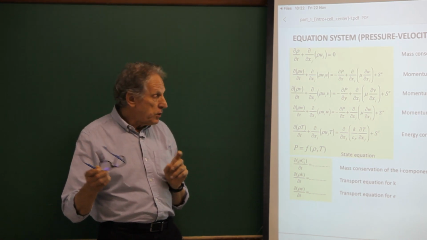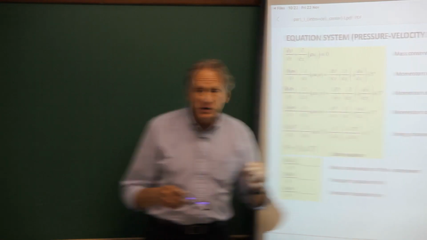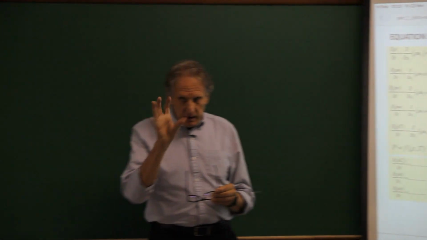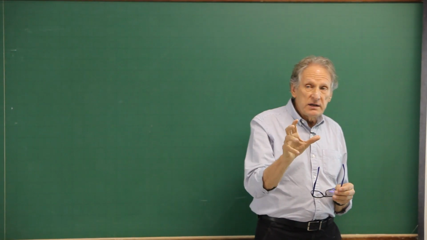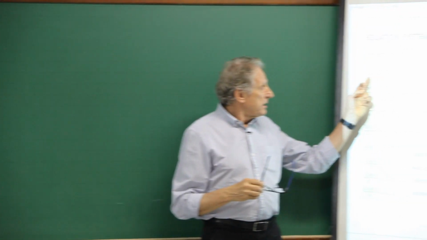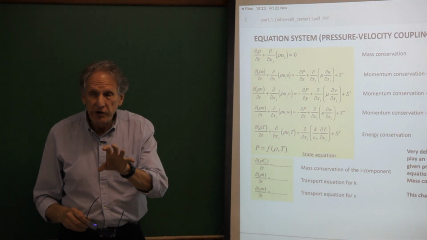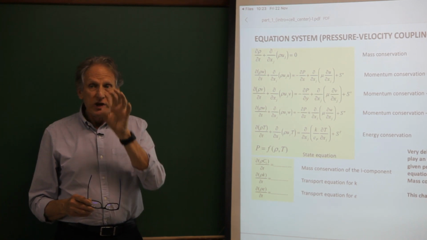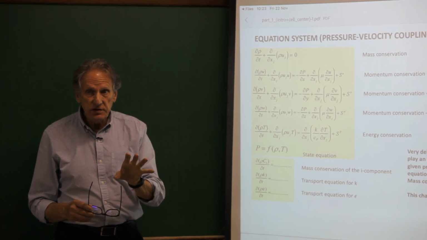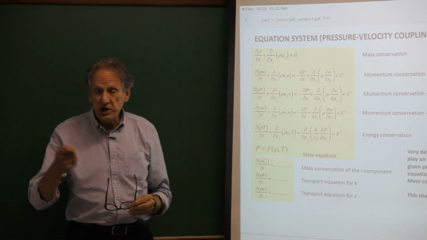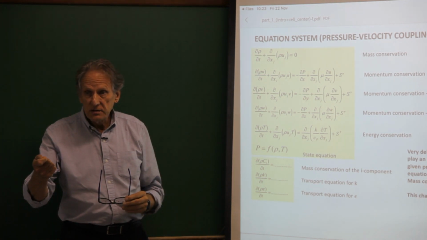Mass conservation, we could call just a verifier, because thinking in terms of giving to the momentum equations a certain pressure gradient that generates velocities which you have to introduce in the mass conservation equation and check if it satisfies.